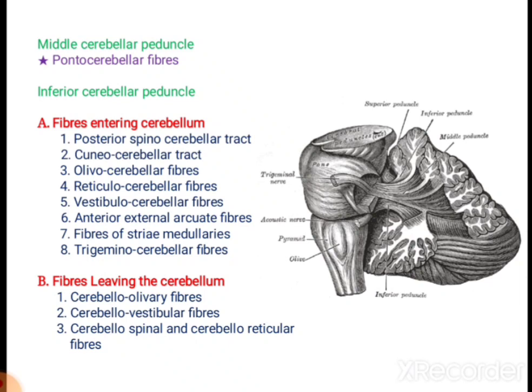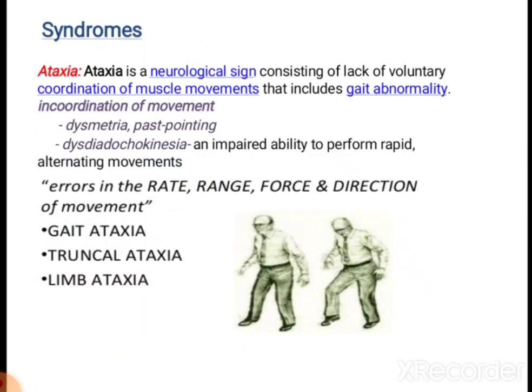The inferior cerebellar peduncle includes both afferent and efferent fibers. The afferent fibers include the posterior spinocerebellar tract and cuneocerebellar tract, and the fibers leaving the cerebellum are the cerebello-olivary fibers and cerebellovestibular fibers. These are named as per the nucleus they are entering.